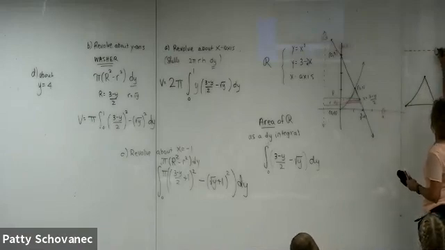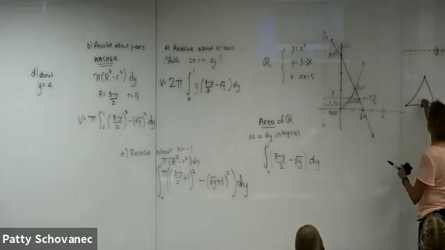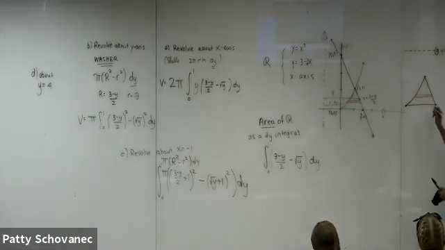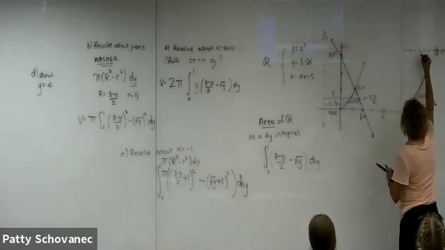I'm swinging it that way, and my rectangle is still a dy rectangle. It's just as parallel as can be, right? H is the same. H is right graph minus left graph. So the only thing that's going to change is that radius.